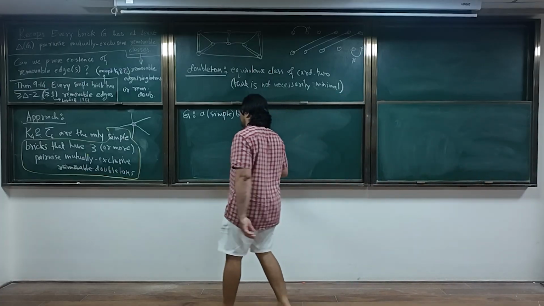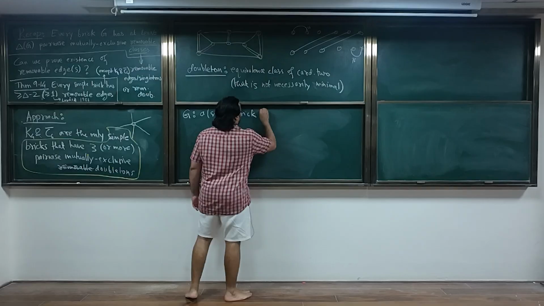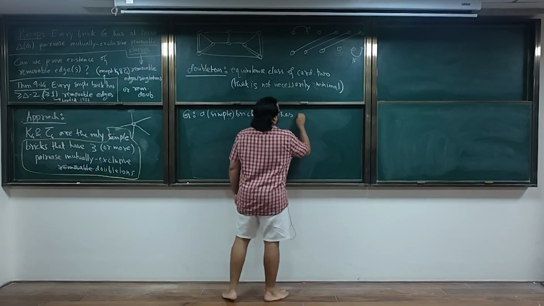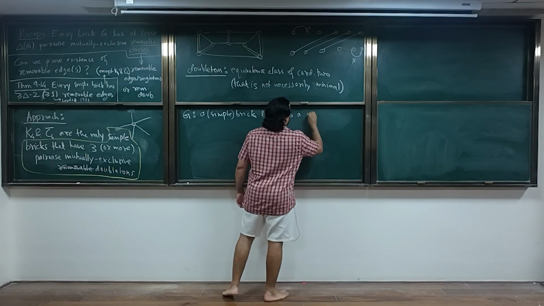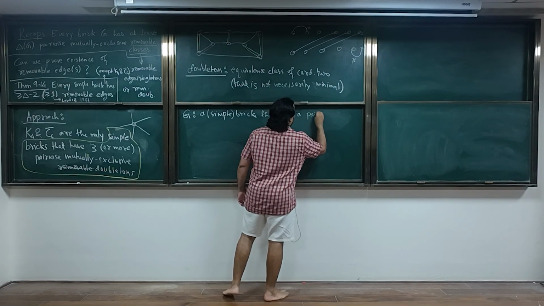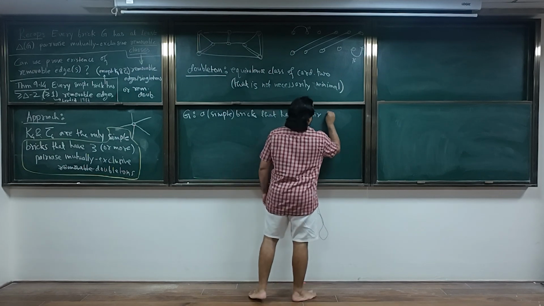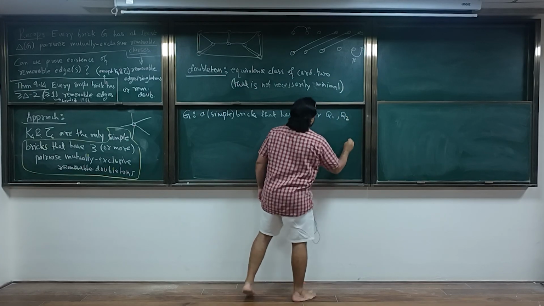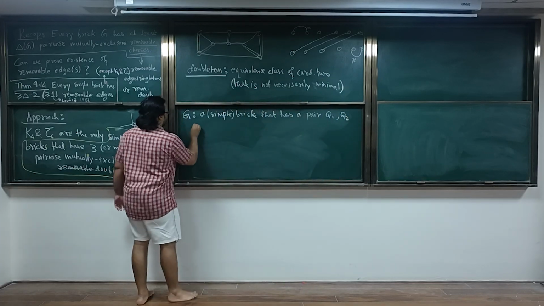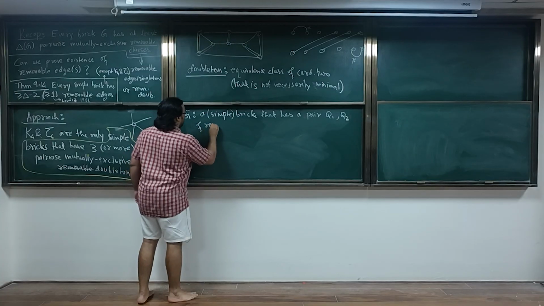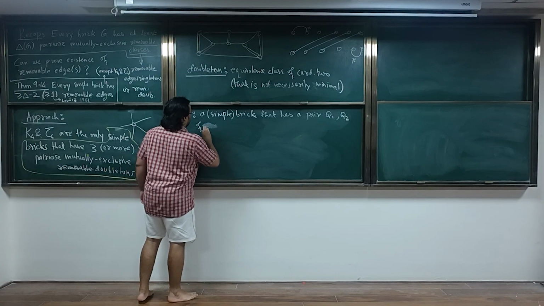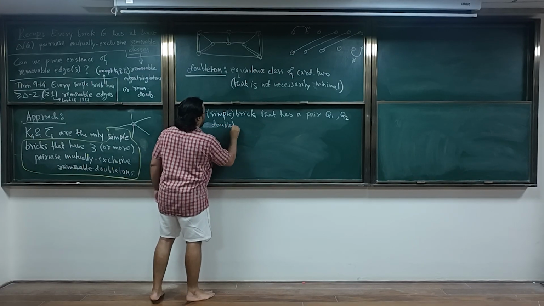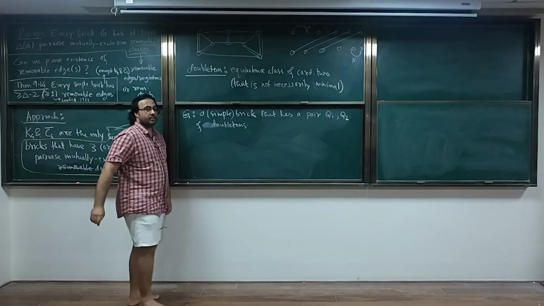Consider a brick that has a pair Q1, Q2 of doubletons.